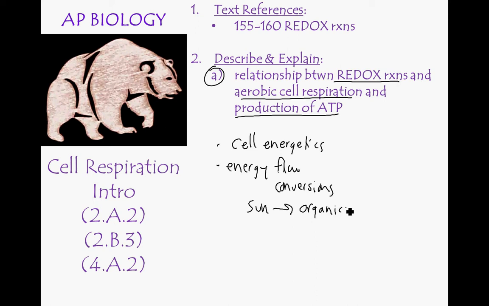Now we want to focus on using these organics, the energy stored in the organic molecules, and converting that to the energy stored in ATP. This energy conversion is a big deal. We talked about primary production earlier in the year, converting sunlight energy into the form of organic stored energy.